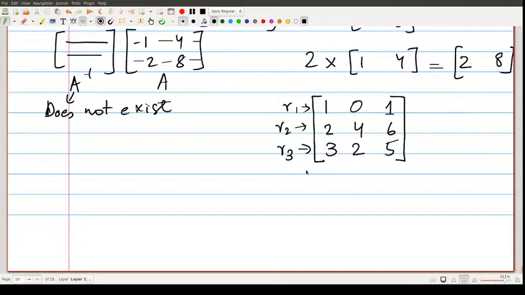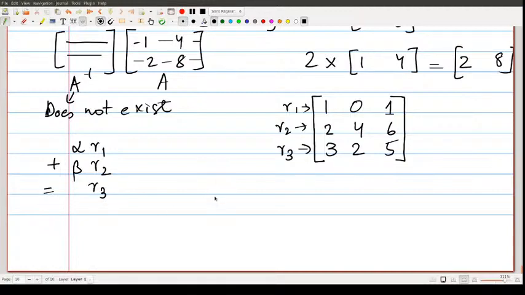If I take row 3, what can I do? I suggest that some alpha times row 1, plus some beta times row 2 gives me row 3.